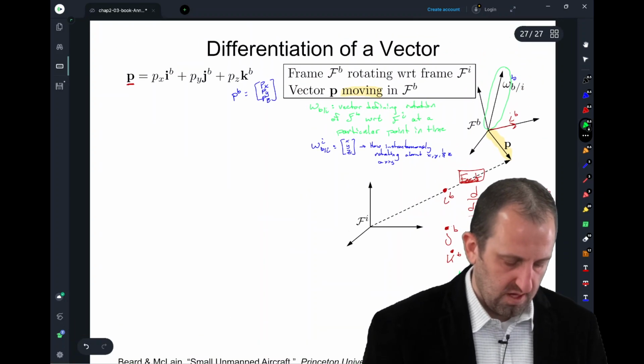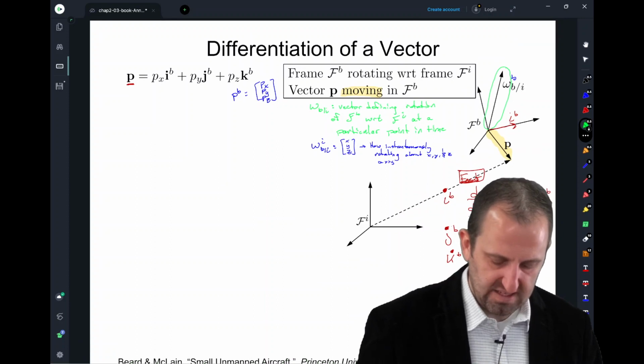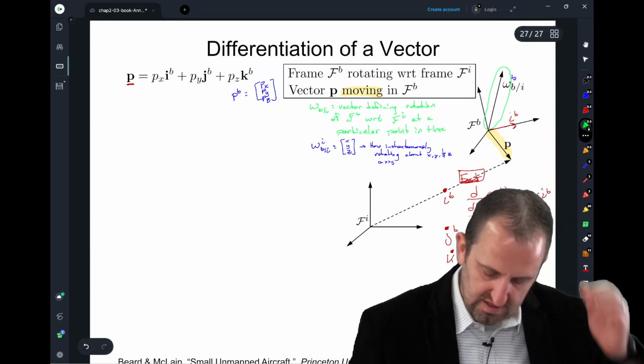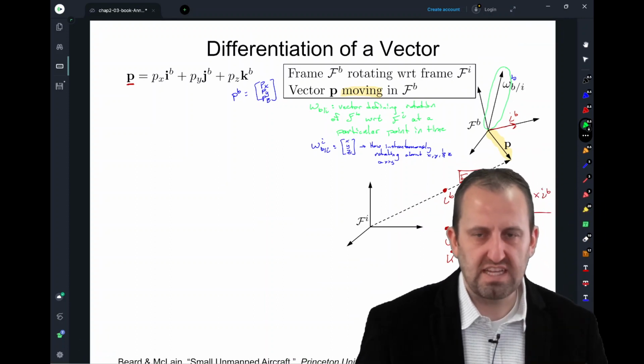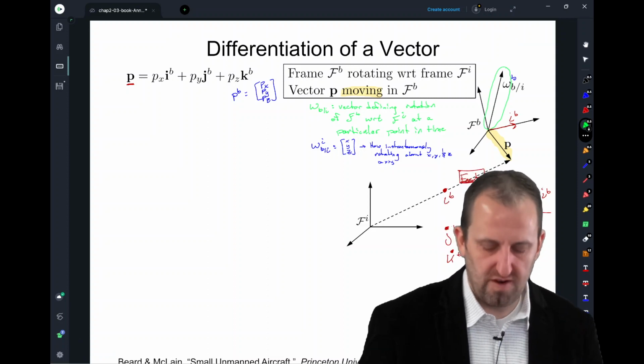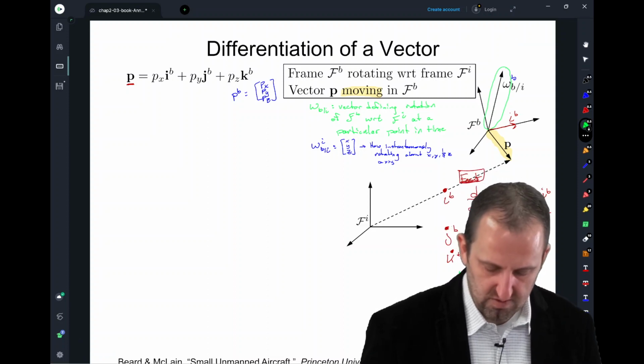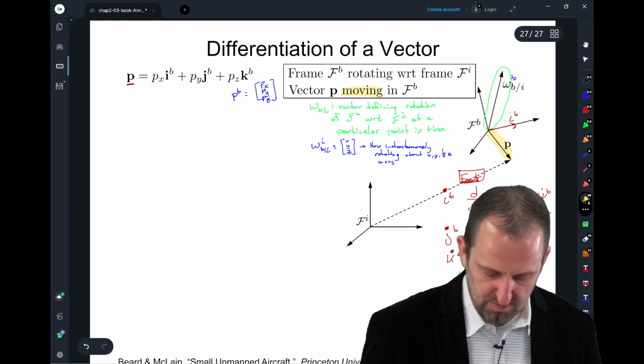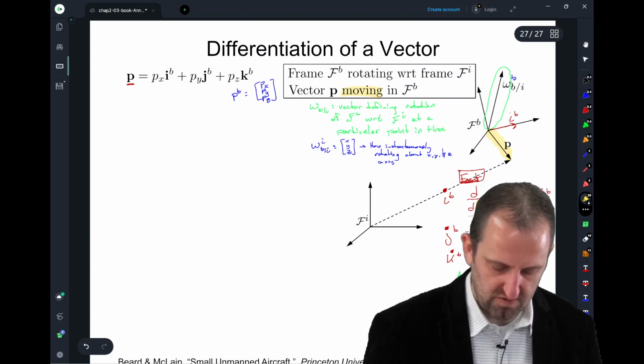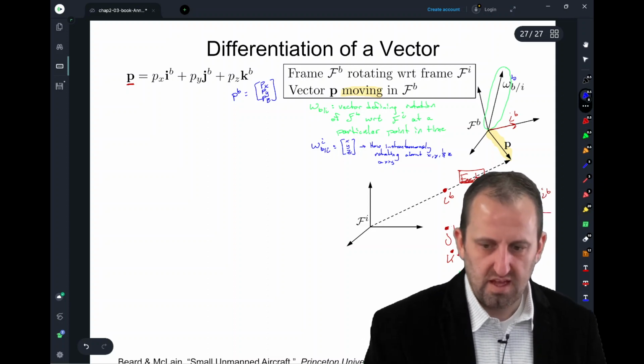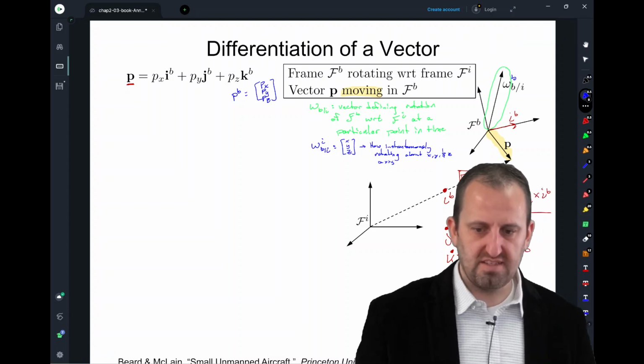Okay, so now we've got these facts, and with this aside, we can take the time derivative with respect to one frame or the other. So that's how we're using this notation. This is with respect to the body frame. This is with respect to the inertial frame. Excellent. So let's break this down.